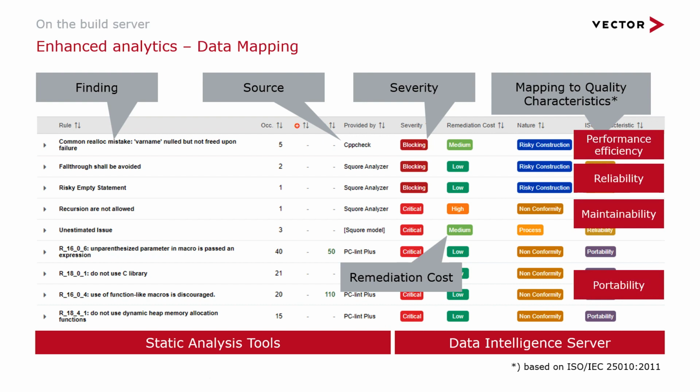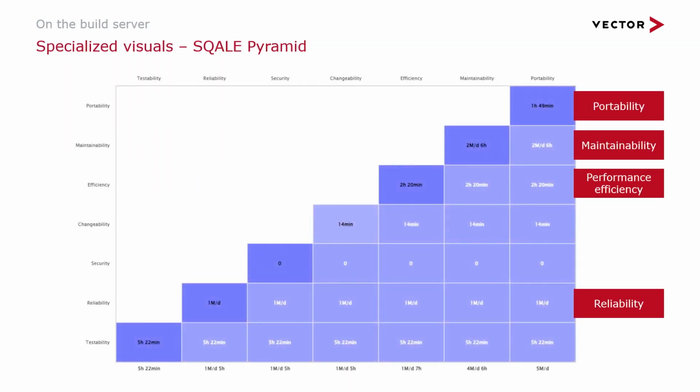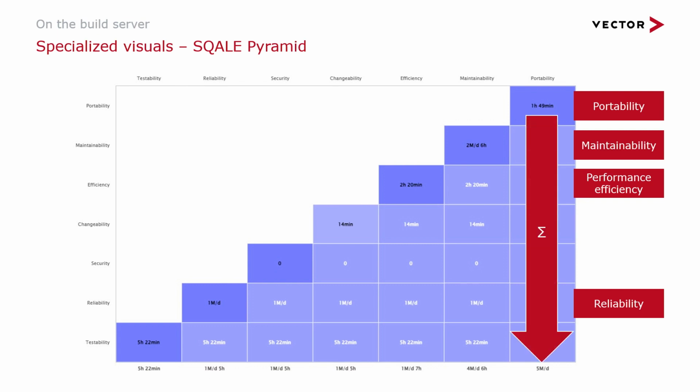And using these quality characteristics, if we prioritize them, we come to the so-called scale pyramid of technical debt. So we can group the findings by characteristic and prioritize them. So if we want, for example, to achieve portability, this means we have to fix all the other issues before, concerning maintainability, performance efficiency, reliability, and so on.